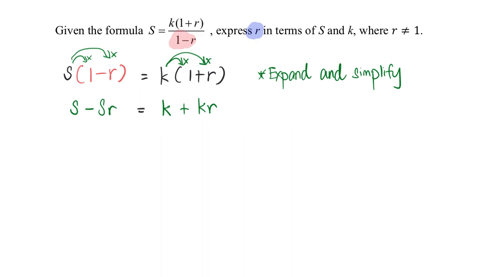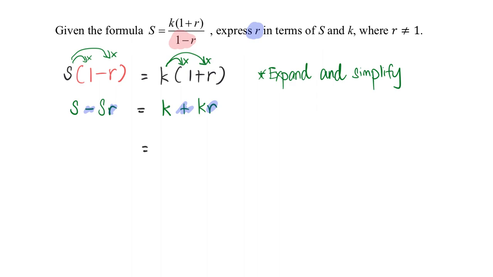And then we are going to make sure that all the terms with the subject R are on one side. Okay? So I saw that this is a plus, this is a minus. Mr. Tan generally doesn't like negative. So I am going to plus SR on both sides, so that you will see this.